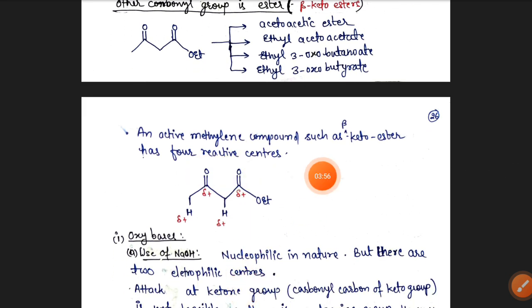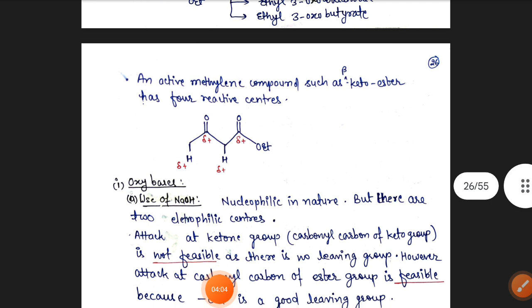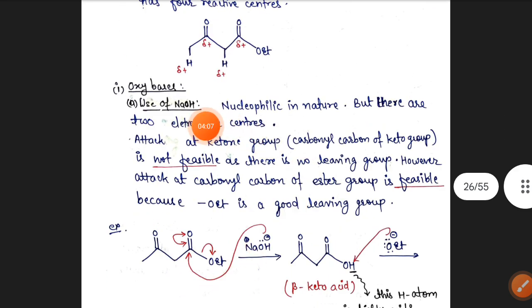An active methylene compound such as a beta ketoester has 4 reactive centers. Oxybases such as NaOH are nucleophilic in nature, but there are 2 electrophilic centers. Attack at the carbonyl carbon of the keto group is not feasible as there is no leaving group.